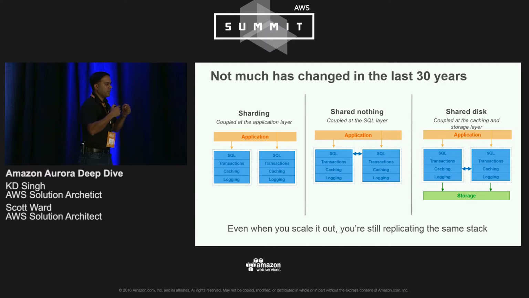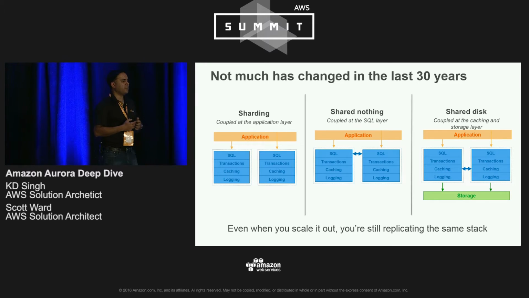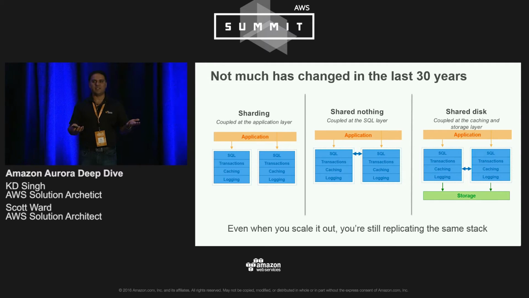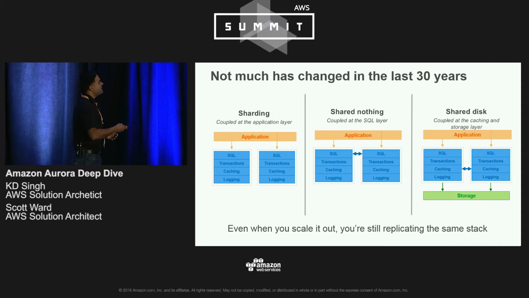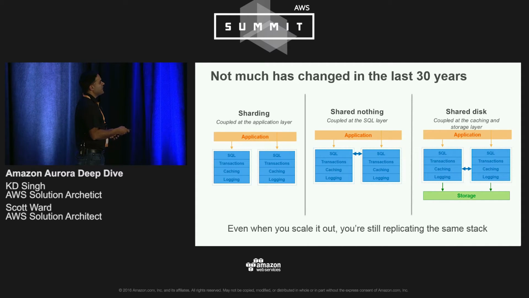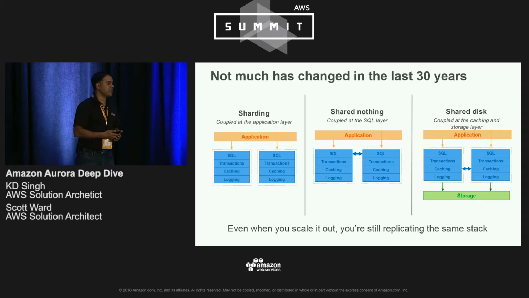They just need to move a lot of data back and forth and can lead to problems like hotkeys. If you look at any of these pictures, the main thing is that you're actually replicating the same stack over and over again to scale out. So you fundamentally run into scaling issues with it.